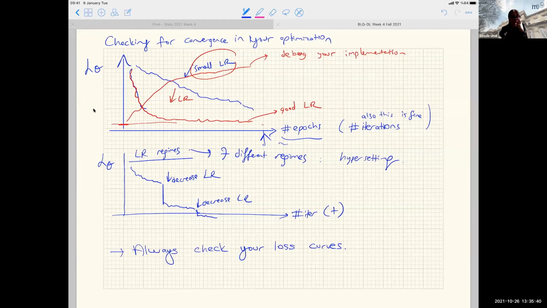So now let's give a break. After the break, we will study backpropagation, the backprop algorithm, and then we'll continue. Probably that should be enough for today, but let's see.